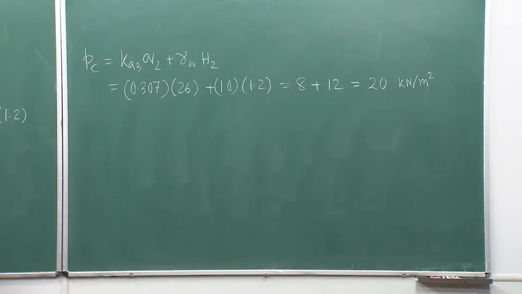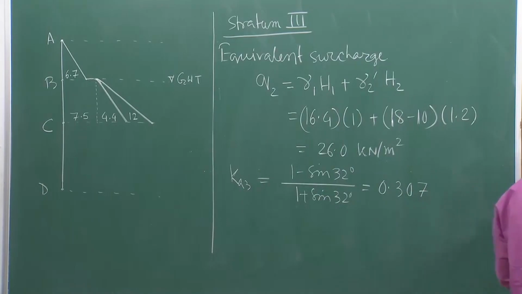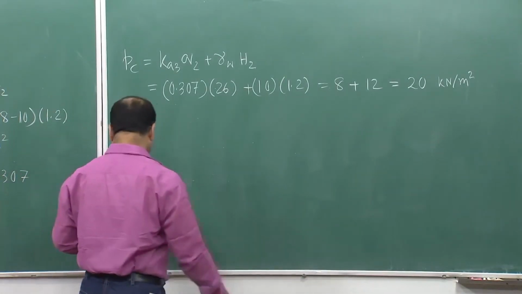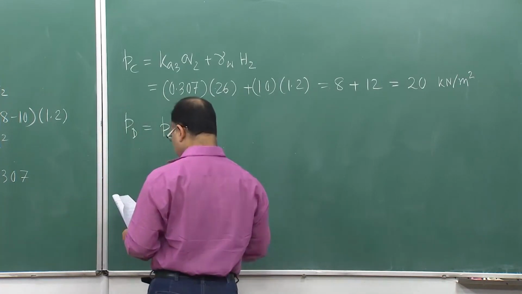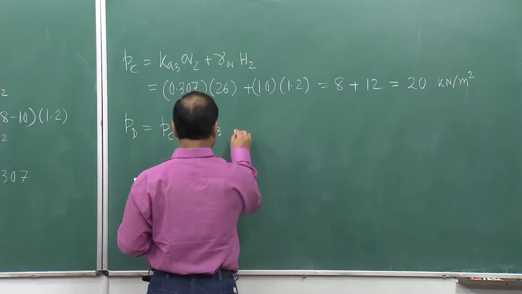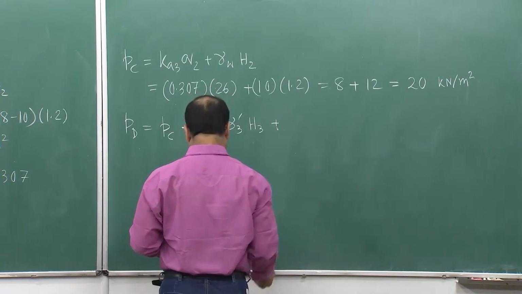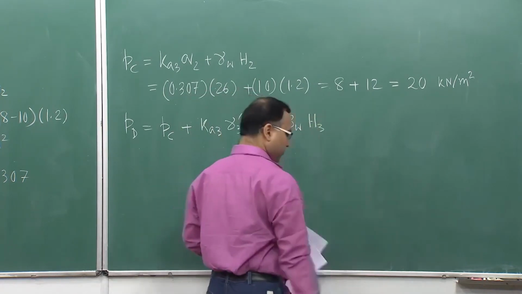Okay. So, how we can plot this? I will come back to that later on. So, first we will calculate PD. So, PD is Pc plus Ka3 gamma 3 prime H3 plus water pressure gamma W H3.